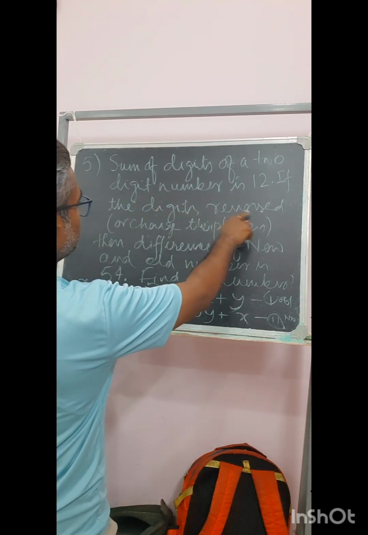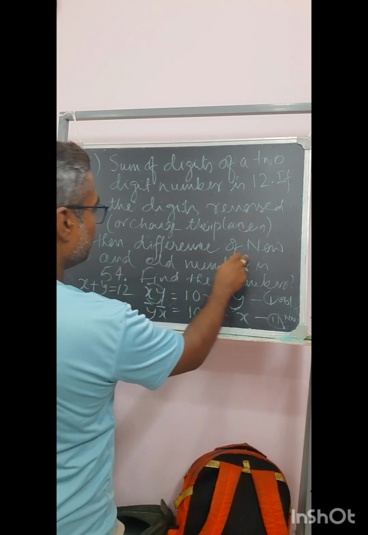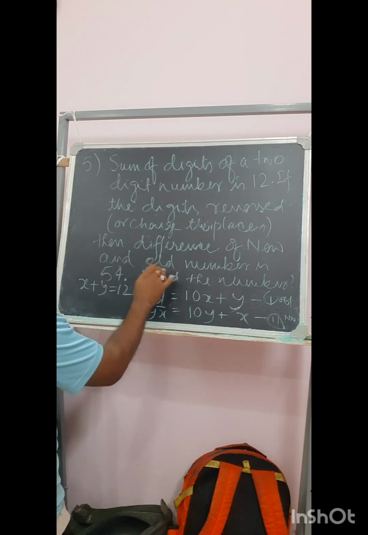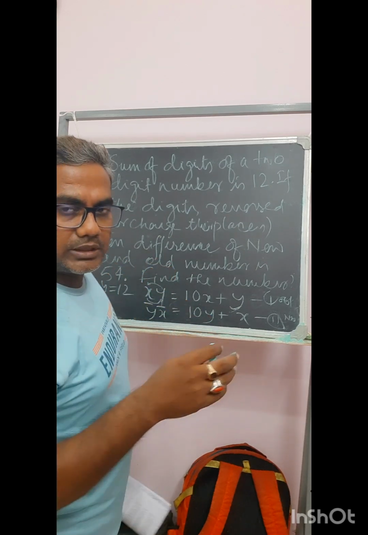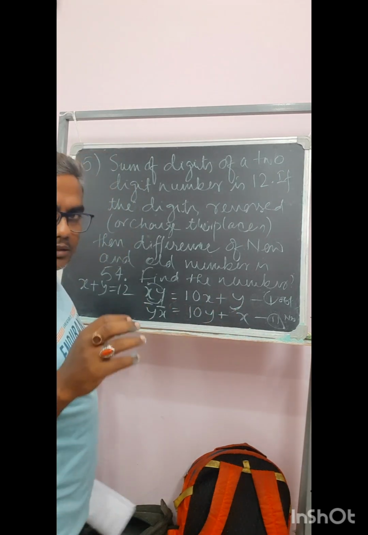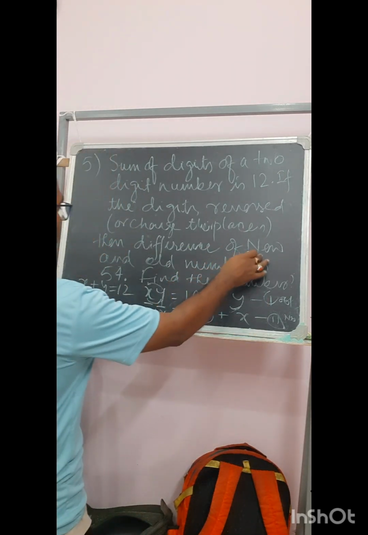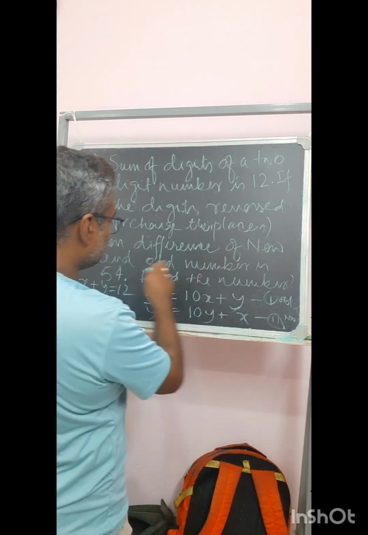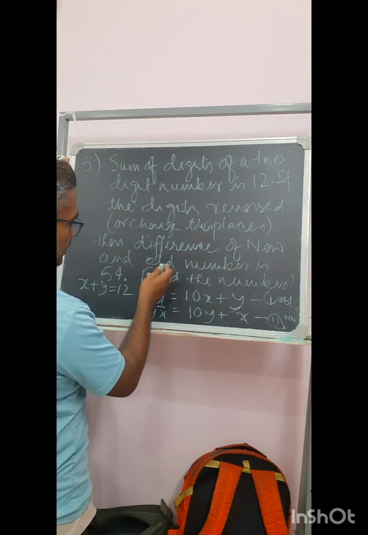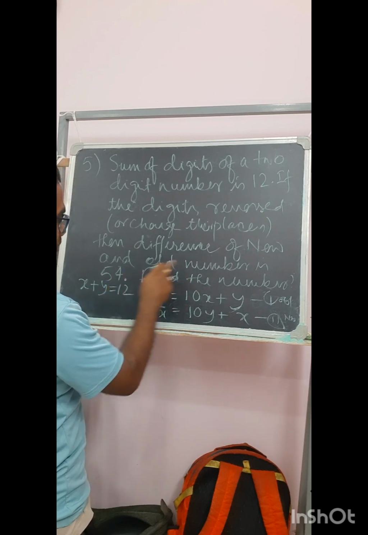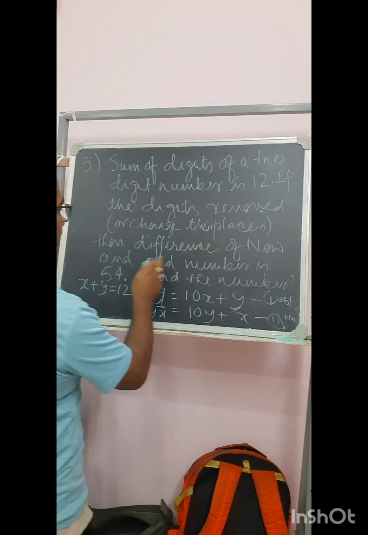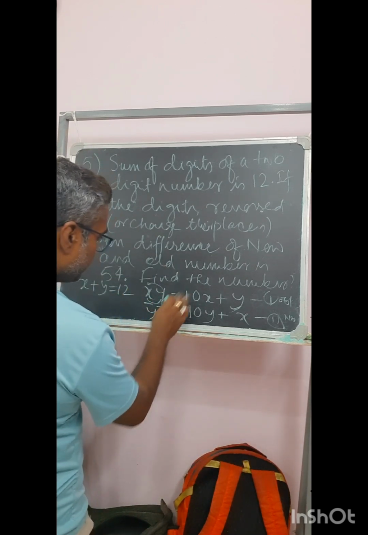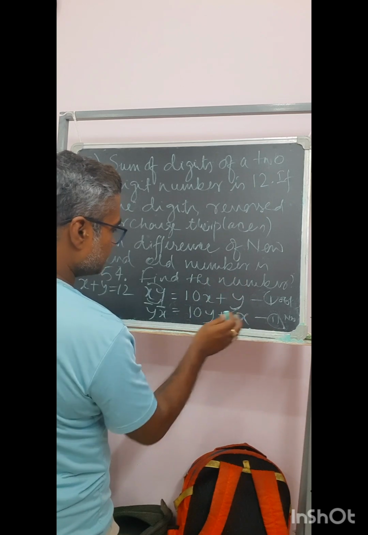What is said is that when reversed, the difference of new number and old number. If it had been written that the new number minus the old number, then the new number would have to be the higher one, because when I take the difference I will get 54. But it is told new number and old number, so either number can be higher, so no worries, you can take either number as higher and subtract.